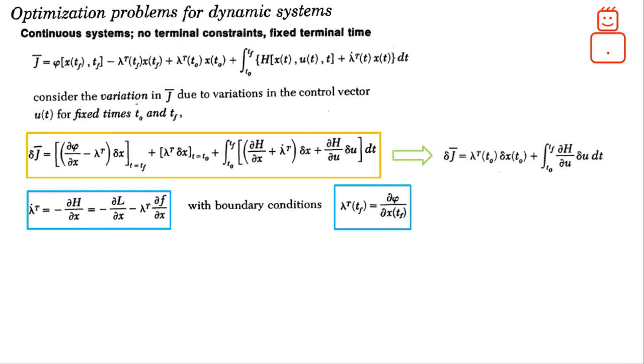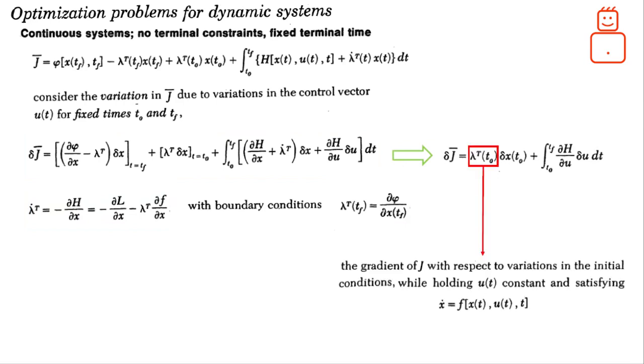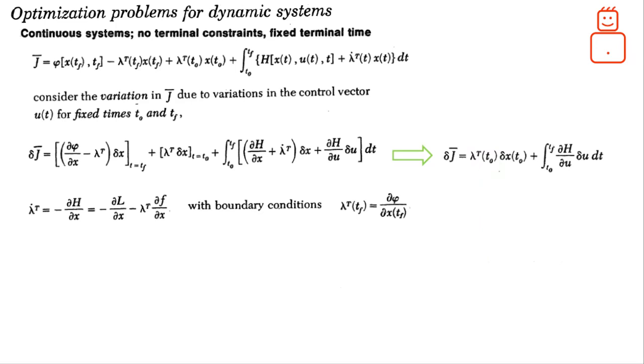In this final form of delta J bar, lambda of t initial is the gradient of the function J with respect to variations in the initial conditions while holding the function u of t constant and at the same time satisfying the given nonlinear dynamic x dot. In addition, the function lambda of t is called the influence function on J variations in x of t since t0 is arbitrary.